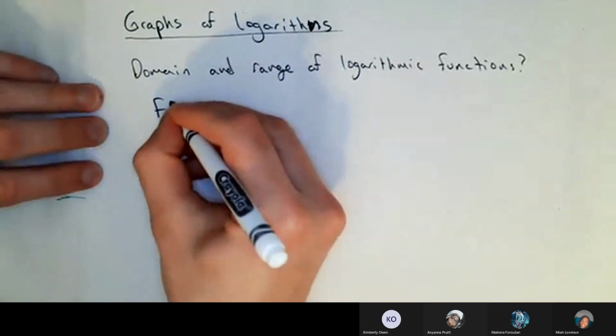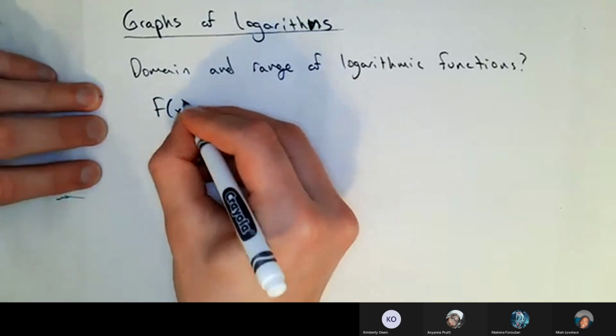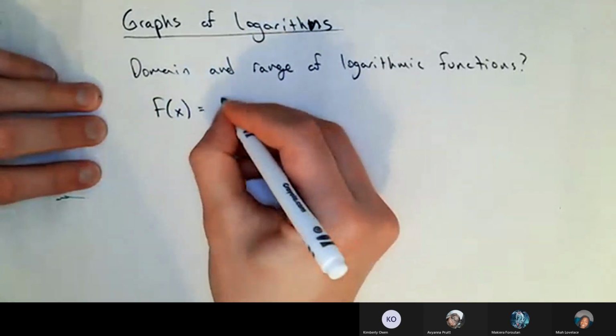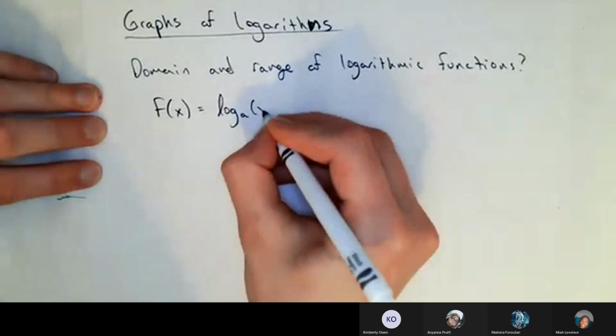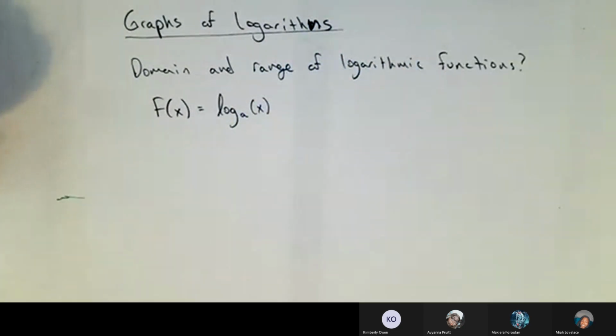So let me just go ahead and write down some log function like f of x equals maybe log base a, just being general, of x. This is what a log function would look like. Just some generic log function.